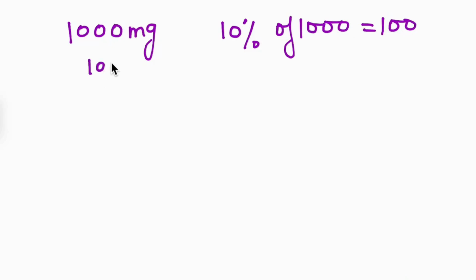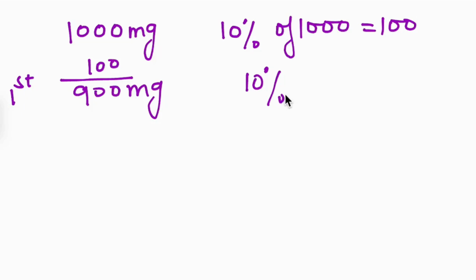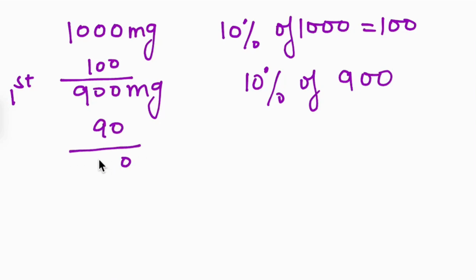So after the first year it will be 900 milligrams. For the second year, it will be 10% of 900, which is 90. So it will decrease by 90 milligrams, and so it's 810 milligrams. See, every year the amount is changing. That type of change is exponential decay.